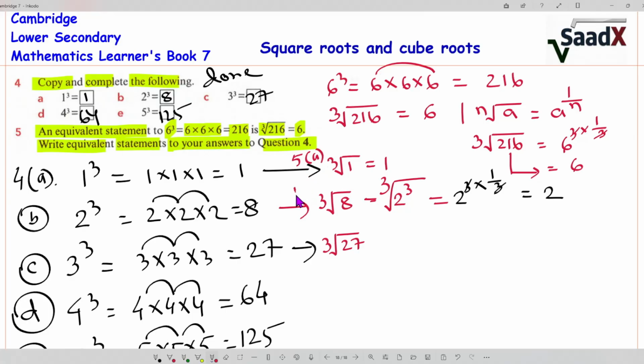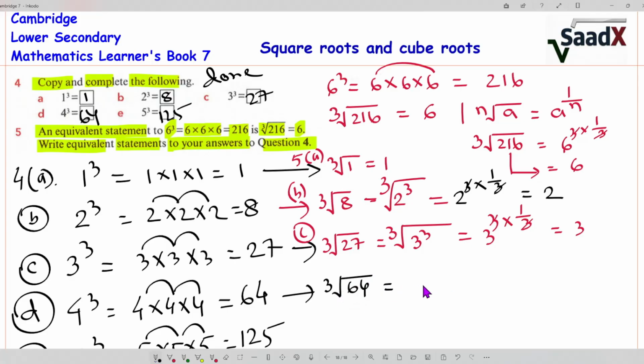We are now in number 5. This is A, this is B, this is C. So the cubic root of 27, against this 27 we can write 3 cubed. Now 3 cubed times, against cubic root, we can write 1 by 3, so 3 and 3 cancel out, the answer is 3. Okay, now the cubic root of 64, so 64 means what? 4 cubed, and here the cubic root, so 4 cubed times 1 by 3, 3 and 3 cancel out, 4 to the power 1 means 4, so 4 is the cubic root of 64, right?